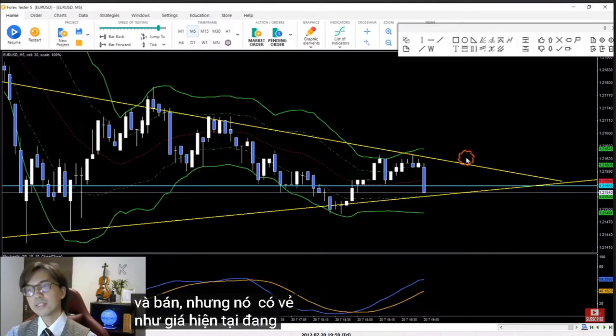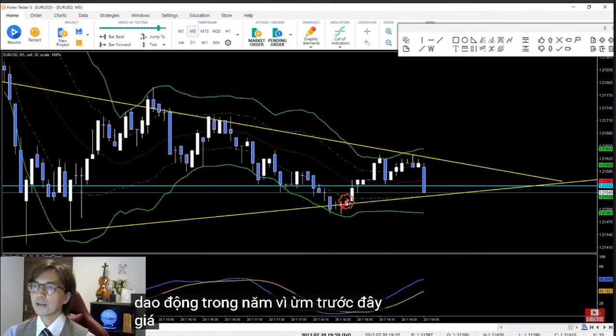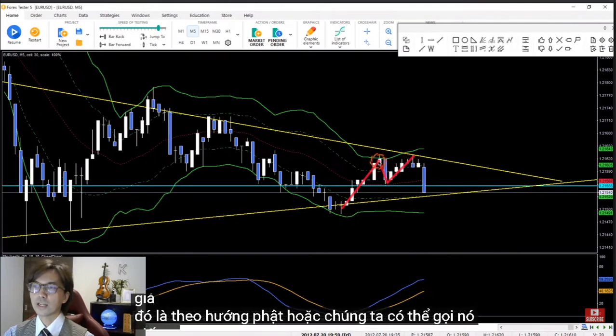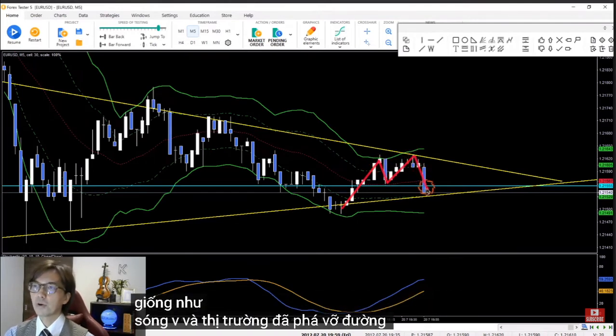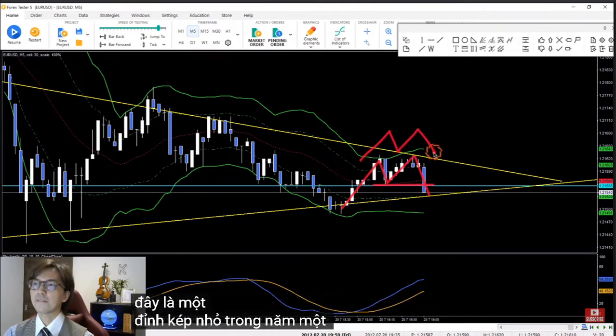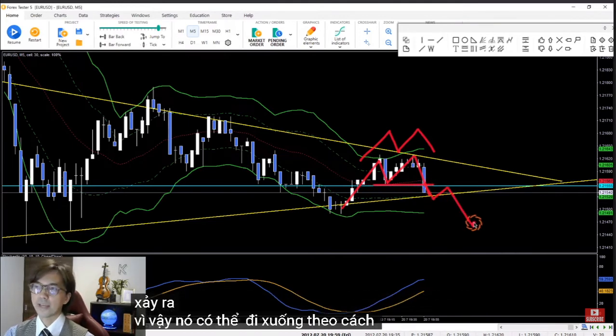But it looks like the price is ranging right now in 5, because the price was bullish before, or we can call it like a V wave, and the market broke the previous neckline. This was a small double top in 5, a neckline breakout happening, so it could go down this way.